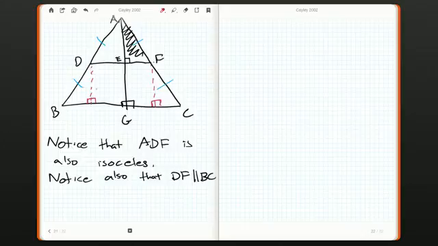Because it's isosceles, we know that this angle at B and this angle at C are the same, which means that these two triangles are first similar, but then because they have the same hypotenuse, they're going to be congruent. That means they have the same height, which means that D and F are both the same distance away from BC. And that means that DF as a line is the same distance away from BC. Another way of saying that is parallel.